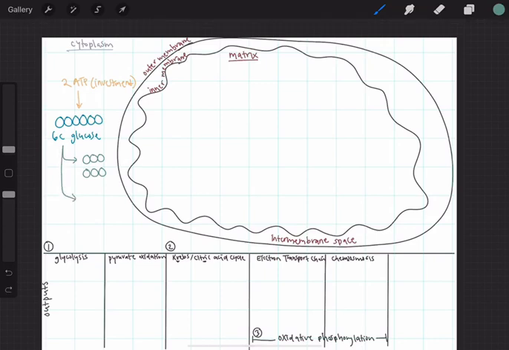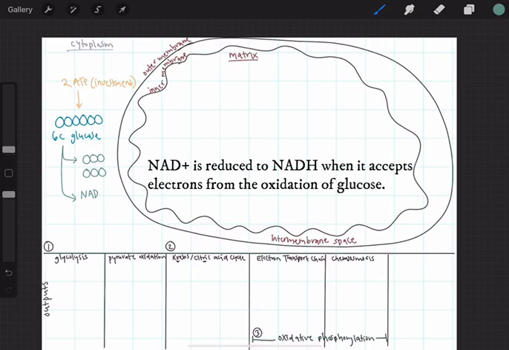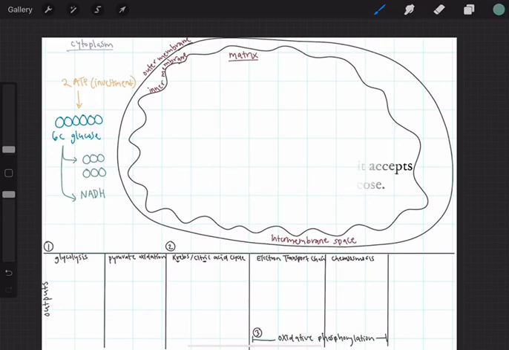You're going to have these electron accepting molecules called NAD+, coming in to extract and take electrons from glucose. When it takes an electron, it's going to gain an electron, and we call that becoming reduced. So NAD+ is going to become reduced and become NADH when it gains 2 electrons as well as a proton.